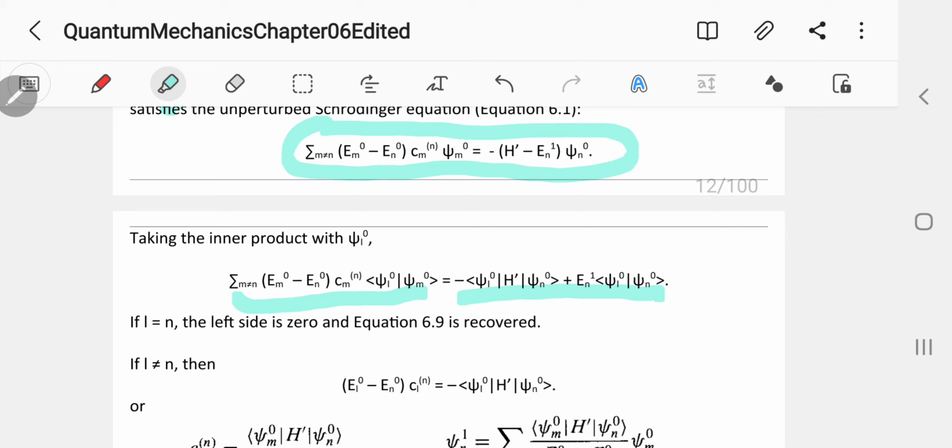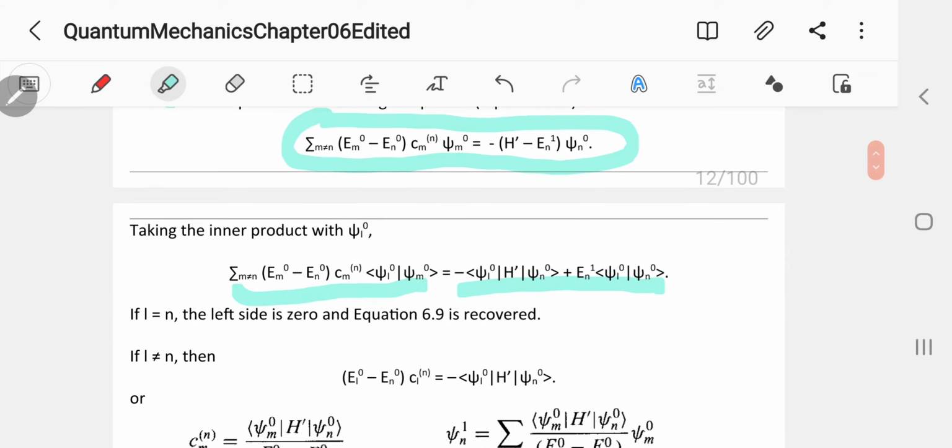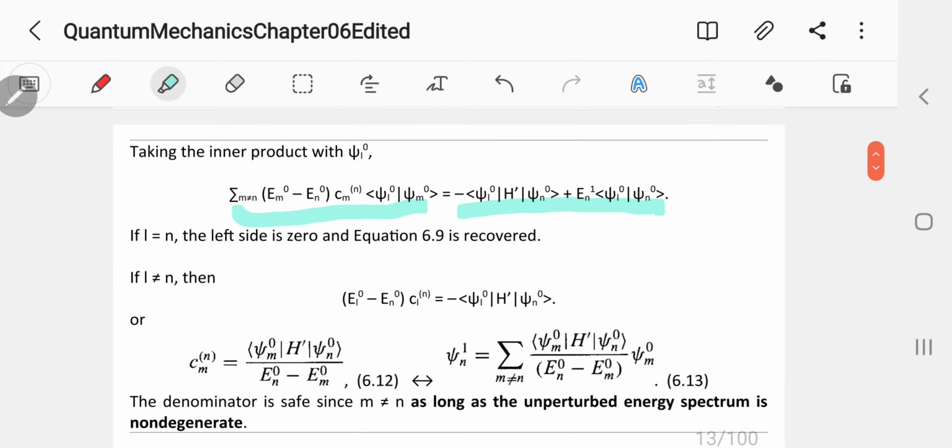So only when l is equal to n, the left side would be 0, and then we recover 6.9. But if l is not equal to n, then we would have this. Sorry, we're getting the inner product with phi_l^0, not phi_1^0.